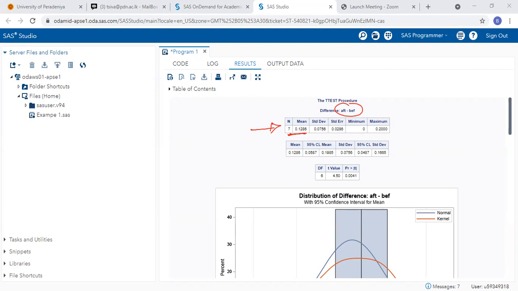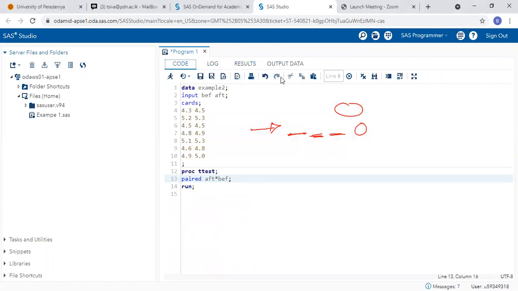Some of the information is about the difference. This is the standard deviation, standard error of the difference. The minimum value of the difference is 0, because one value is 0. For example, my program is already there.